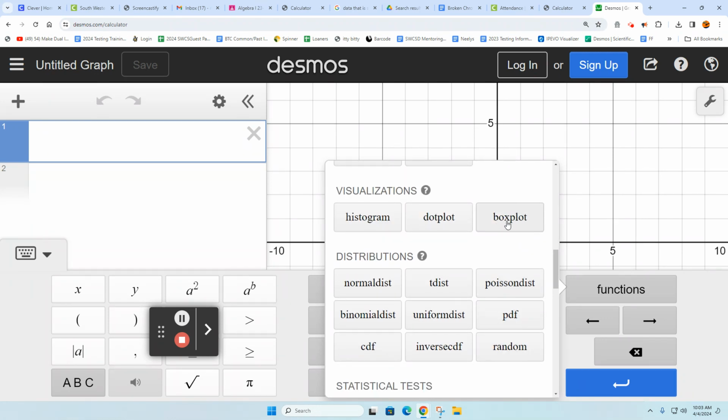It'll just do it for you. Histogram, dot plot. It'll do all 3 of those for you. Cool. That is not on the calculator that you get to use on the next test or the state test. Okay? But just use stats and it basically gives you all the information. All right.